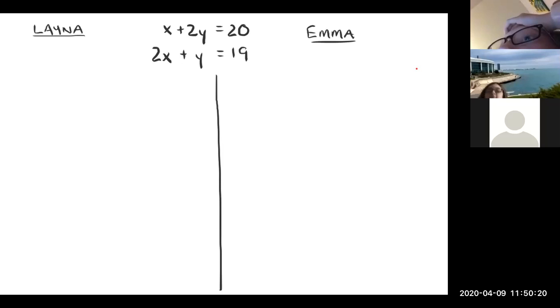Pick a different color, and you can go ahead and write right on this whiteboard. It's not letting me write. You have to click on the pen at the bottom, and then pick a color.